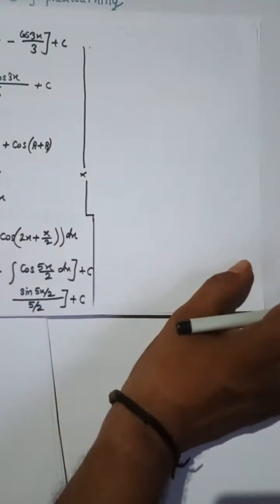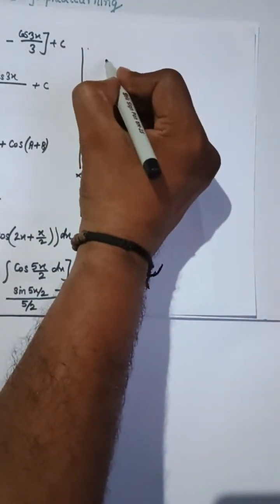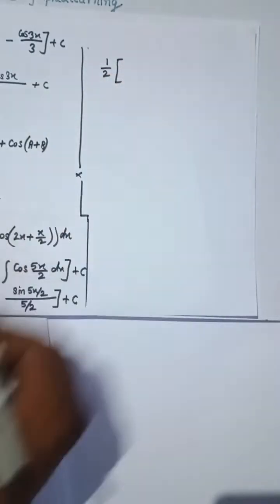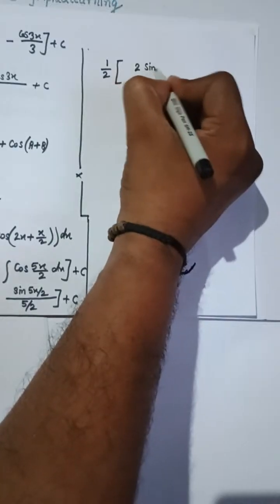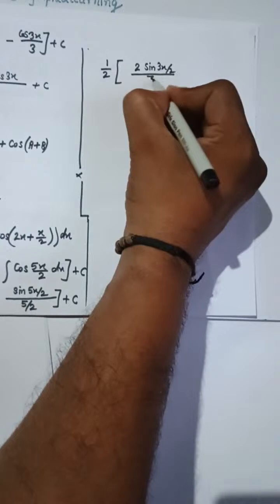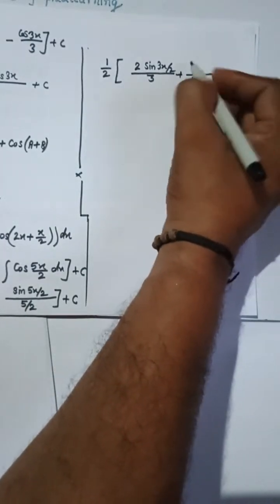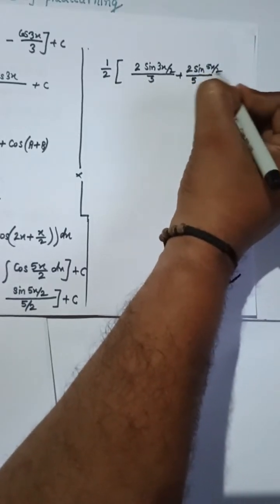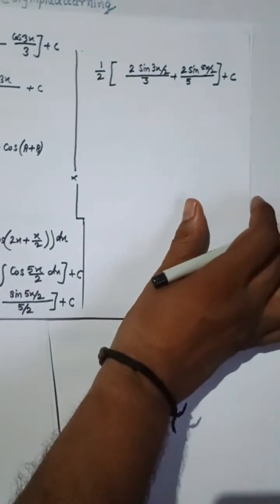Let's do it. So now we have 1 by 2, then 2 sine 3x by 2 divided by 3, plus 5, here 2 sine 5x by 2, plus c.